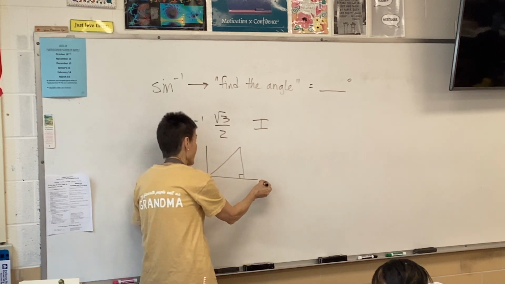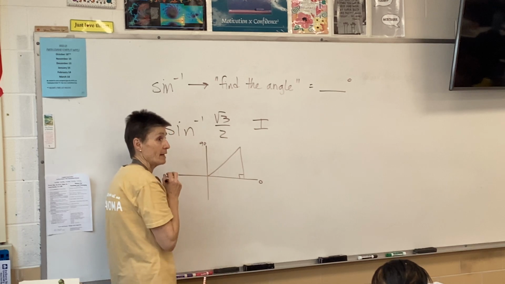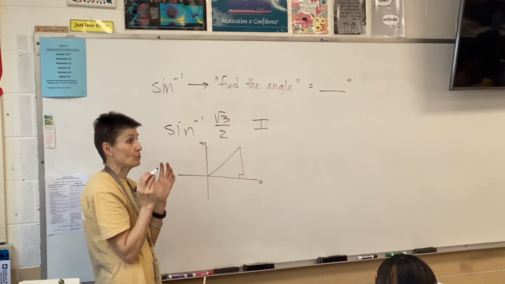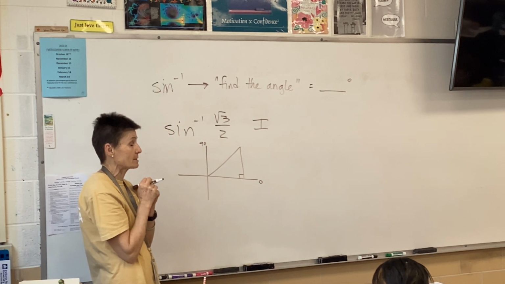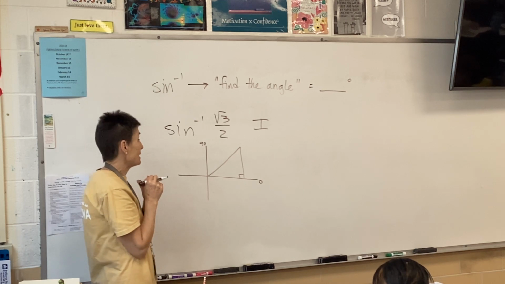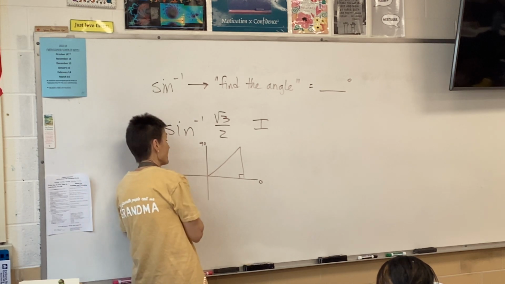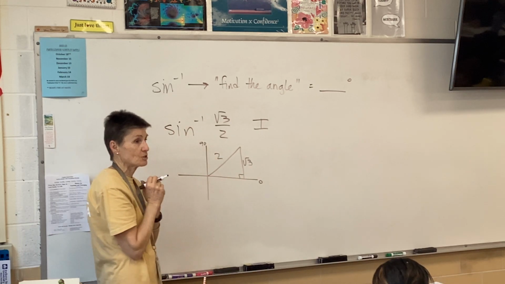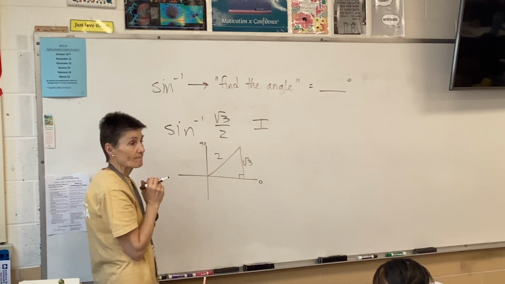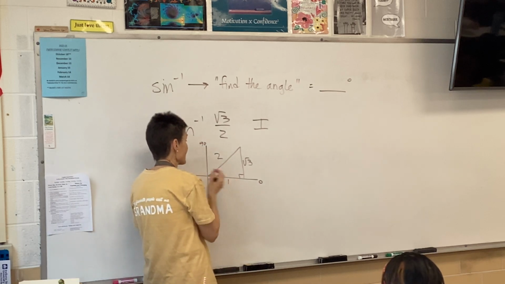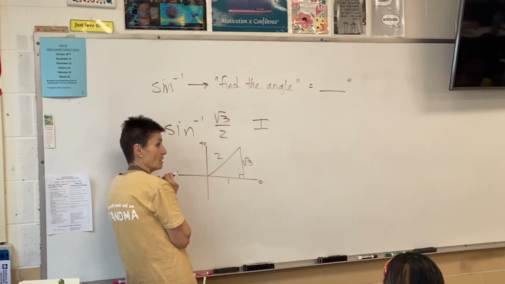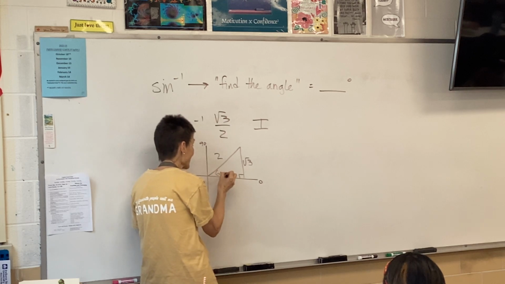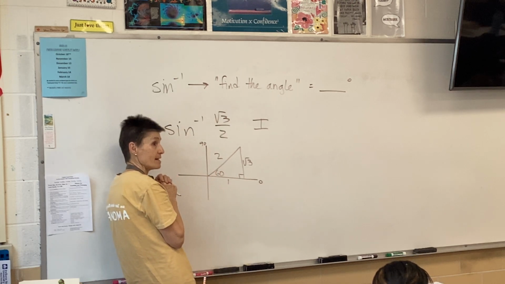And that means our angle will be between 0 and 90. Whatever angle we choose, it's going to be between 0 and 90 because it's in quadrant 1. Now, if the sine is √3/2, does that picture make sense to you? Which means this side of the triangle will be 1, and this angle is 60.